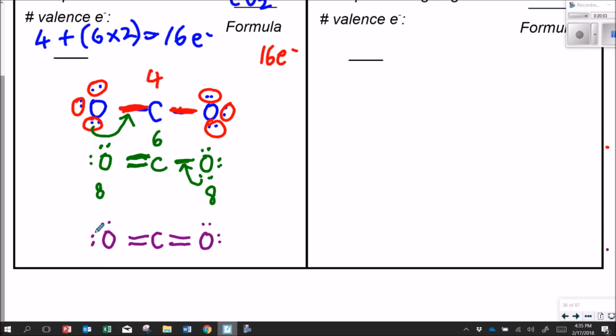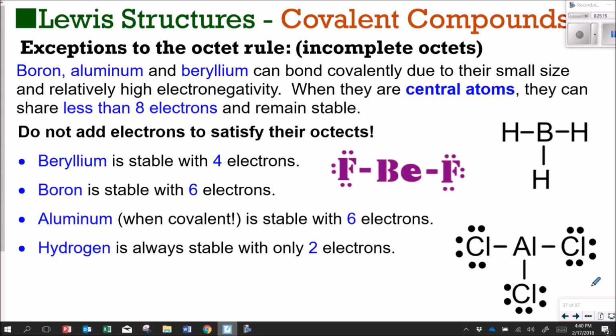Now if I count, I have 8 electrons around this oxygen, 8 electrons around this oxygen, and my central carbon atom also has 2, 4, 6, 8, and it is now stable. So this is the correct structure for carbon dioxide.